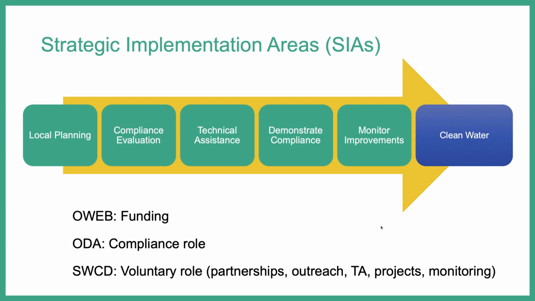And then after 4 years, ODA's goal is that all the properties that were identified as compliance concerns at the beginning are now in compliance. And at the same time, OWEB is providing up to $25,000 for each SWCD to monitor improvements on the land or in the water column.